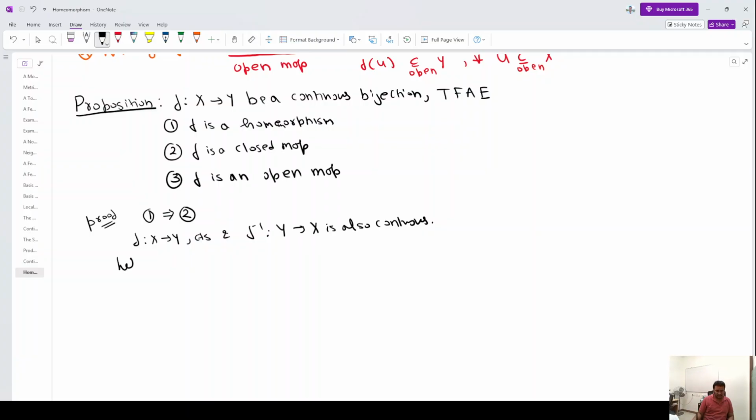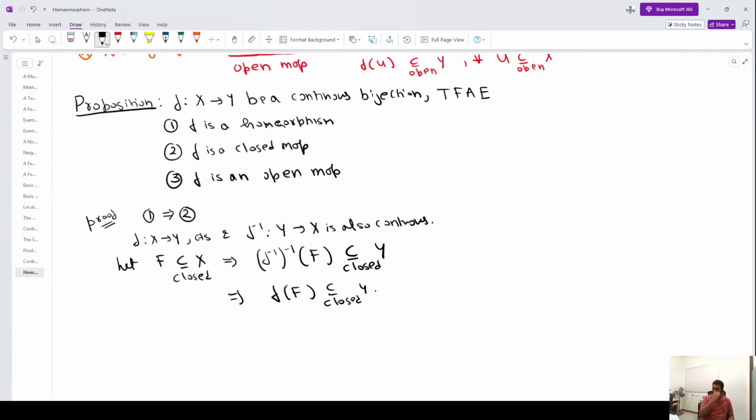So let us take a closed set. Let F contained in X be closed. Since this is closed, and f inverse is continuous, what you will get is the inverse of f inverse of F is closed in Y. What this implies, guys, is that the inverse of f inverse is nothing but f only.